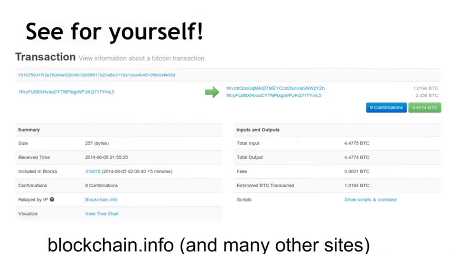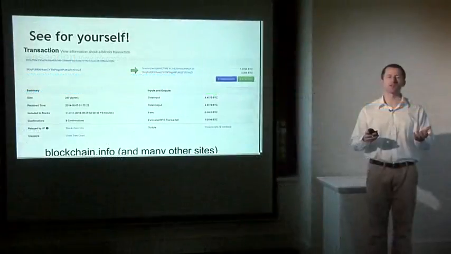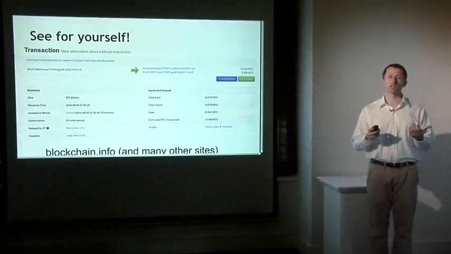With both the block format and the transaction format that we described earlier, the best way to learn it is to just see for yourself. There's a lot of websites that make this data accessible. This is a screenshot from blockchain.info, which I found very helpful myself in understanding and exploring what's going on at a low level in Bitcoin. There are a lot of other websites that do a great job of making this information accessible.